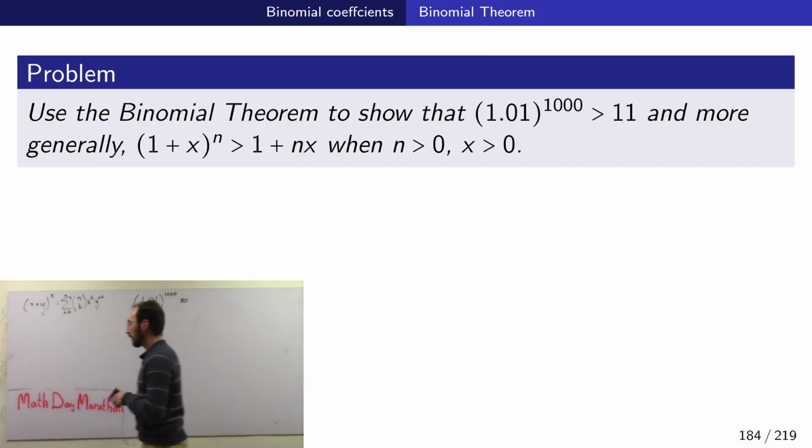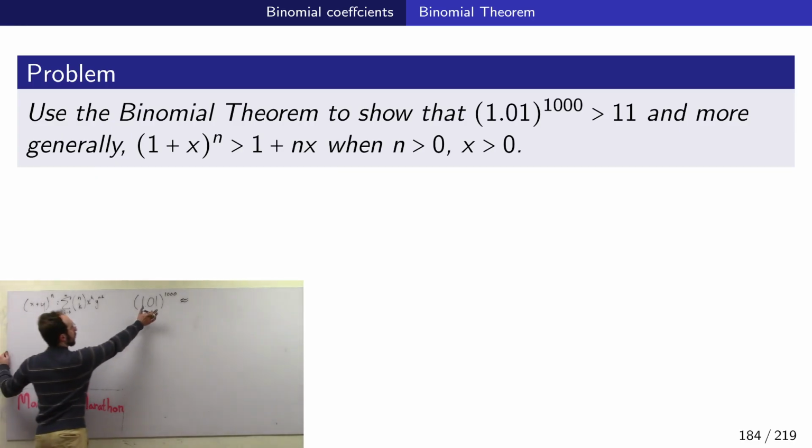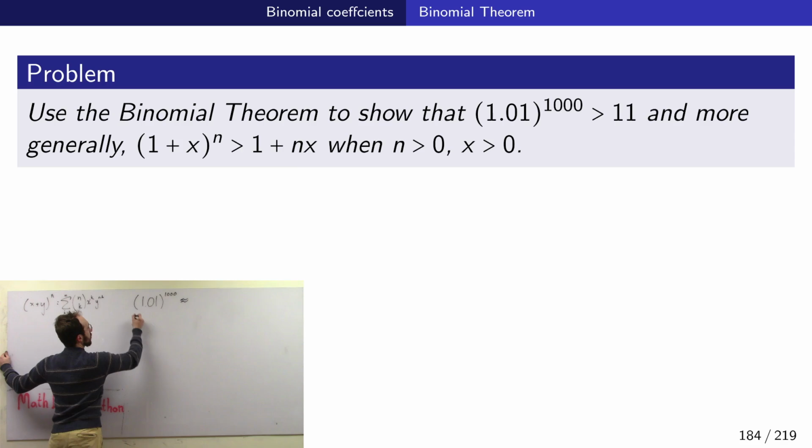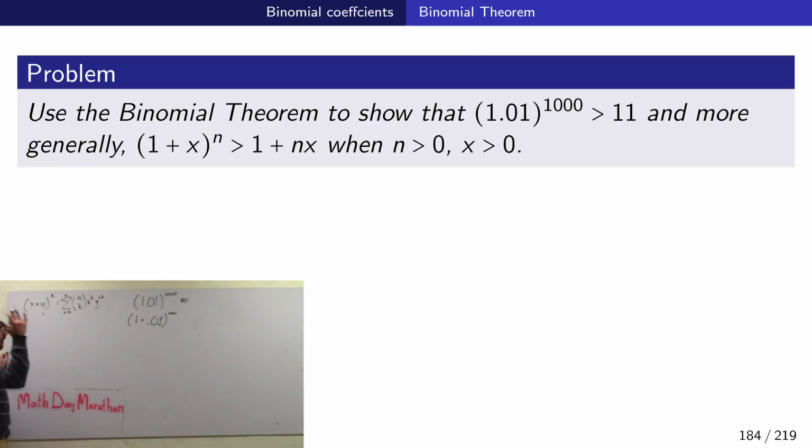Well, let's use the binomial theorem here. We can break this apart into 1 plus 0.01, to the 1,000. Now, what does that tell us with the binomial theorem?